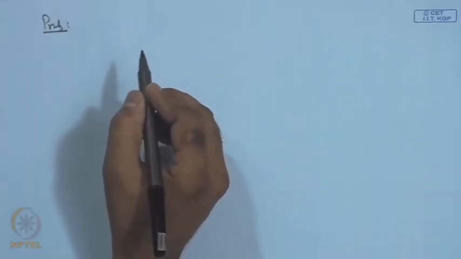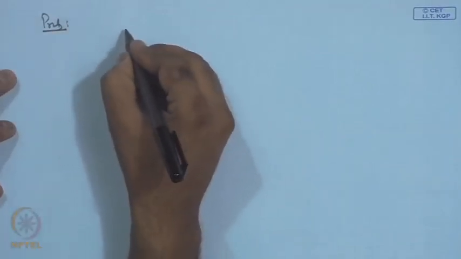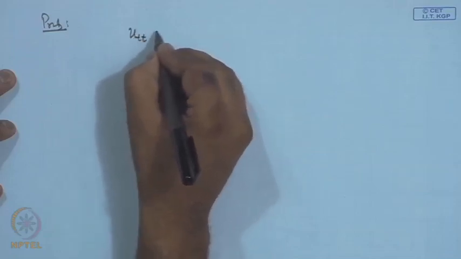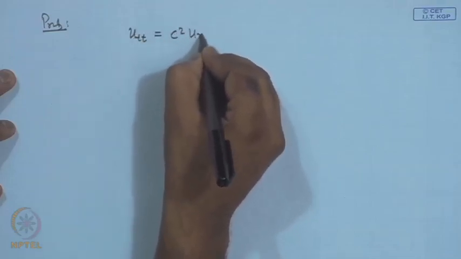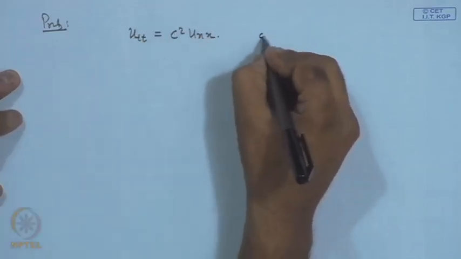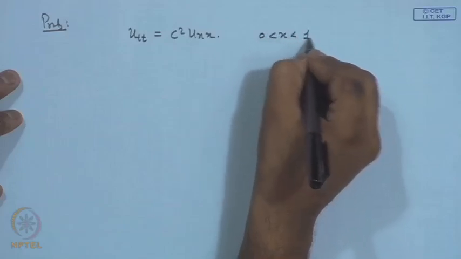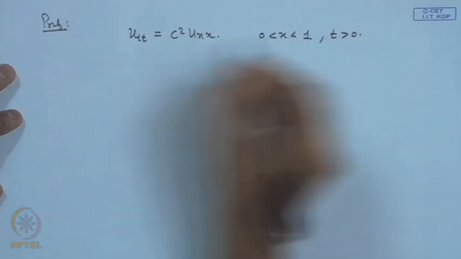Now we come to the last example of this lecture, and that is again a wave equation problem. We have the equation u_tt is c square u_xx, x is between 0 and 1 and t is positive.